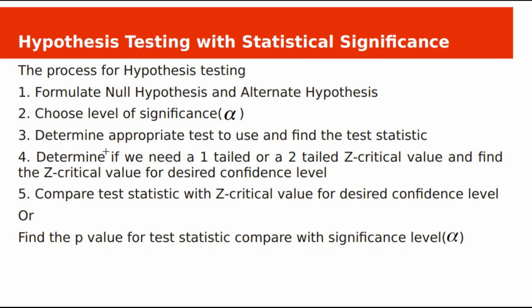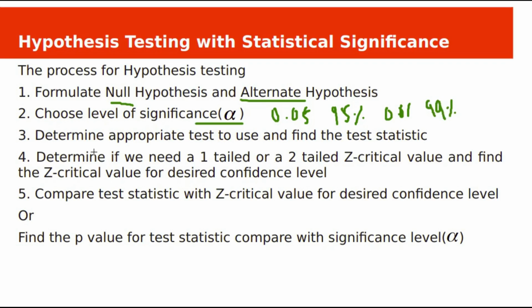First step is to specify null and alternate hypothesis. Second step is to specify alpha level, means significance level. It is the probability of wrongly rejecting null hypothesis. Typical values are 0.05 for 95% confidence level, 0.01 for 99% confidence level.